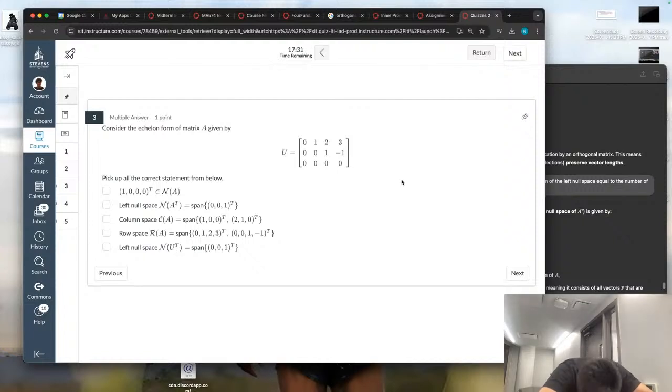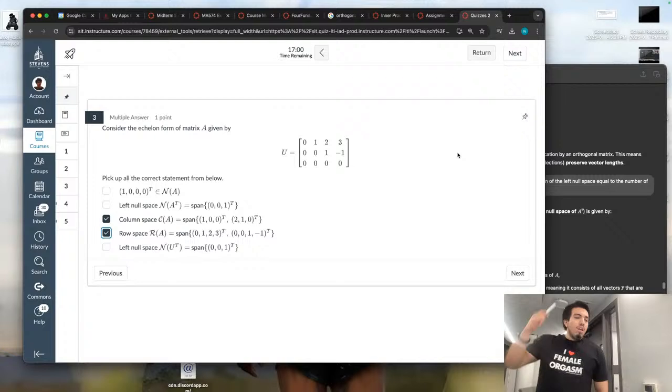Okay, so the column space is these two, the row space is going to be these two, which is this, or if it's after the REF, maybe it could be before the REF.